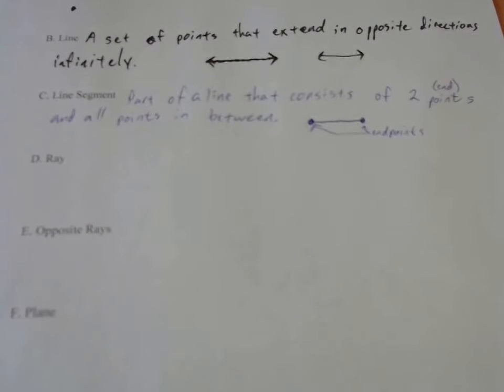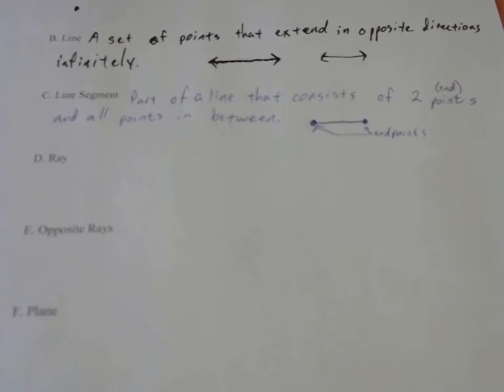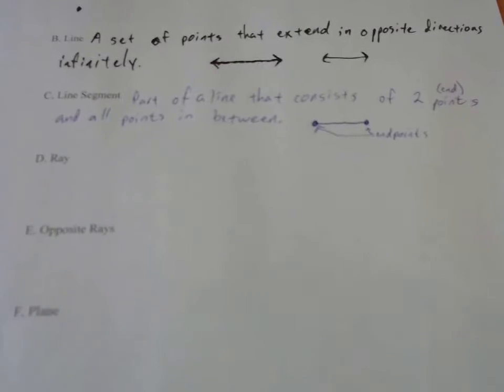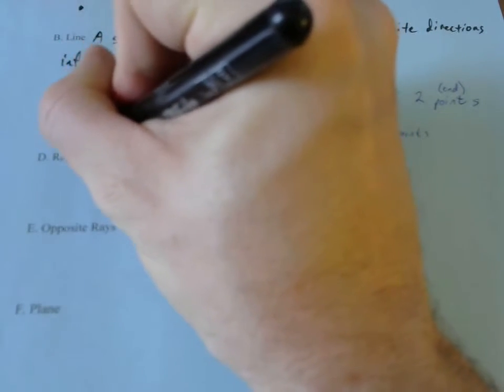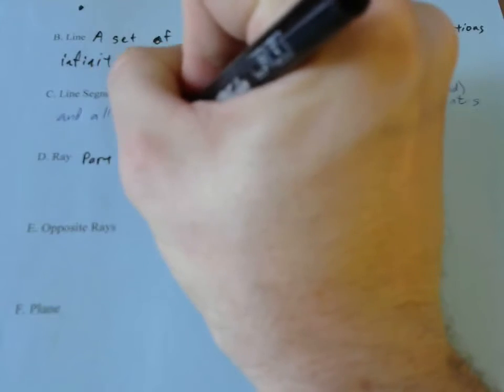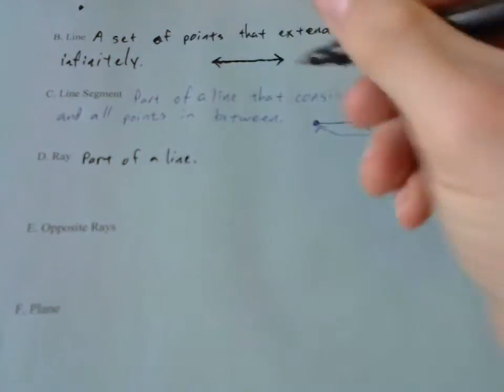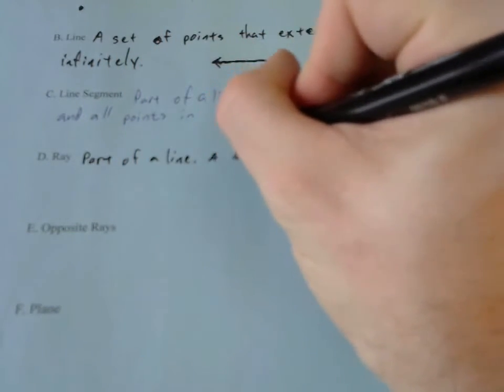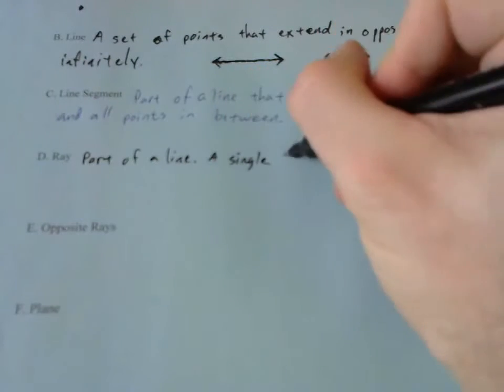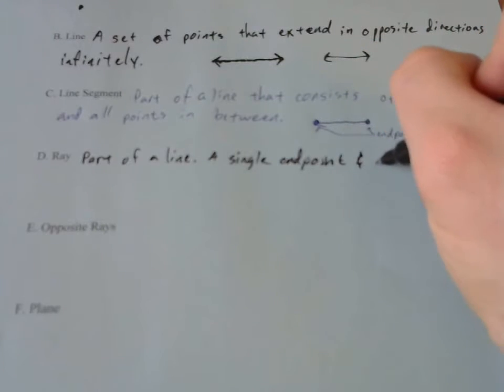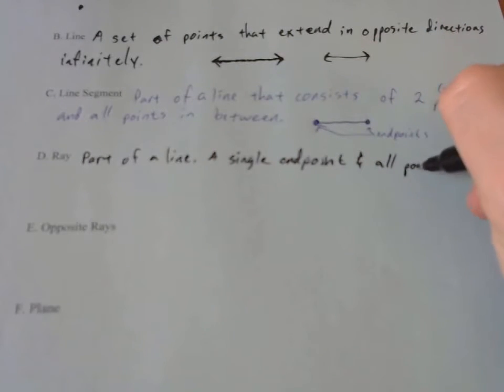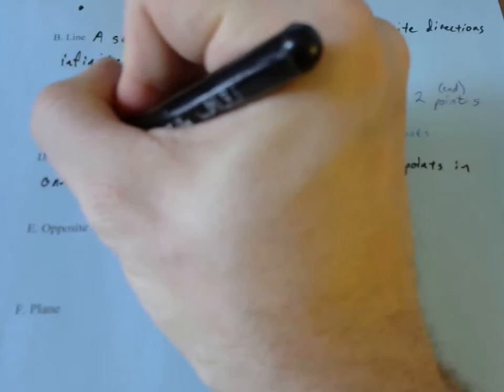Okay? The other part of a line that we'll work with is called a ray. A ray is part of a line, again, that consists of a single endpoint and all points in one direction.